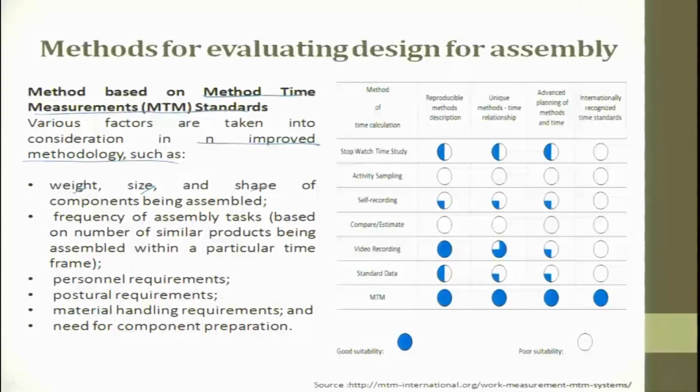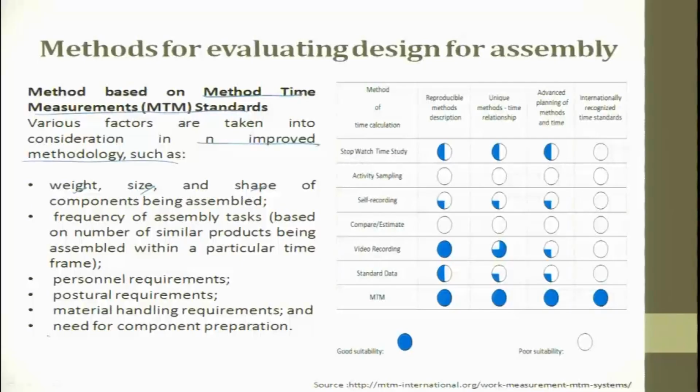When you try to do assembly, if you sit in a very bad posture, or if I try to take some element which is behind me and then keep it here, it is not going to be an easy task. So, the posture or the location where the parts are kept plays a very important role. Then material handling requirement and the need for component preparation, these are the various factors which are considered.